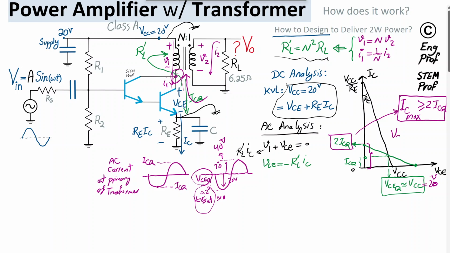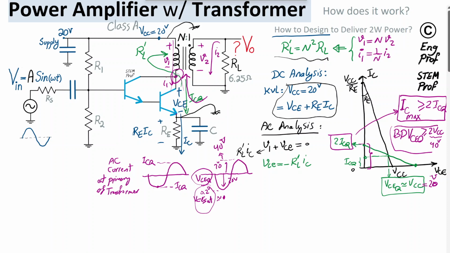All I'm trying to say is the transistor should be able to tolerate this: the breakdown voltage of the collector-emitter, which we write as BVCEO, should be greater than or equal to 2 times VCC, which means 40 volt at least. That's also another requirement we have.